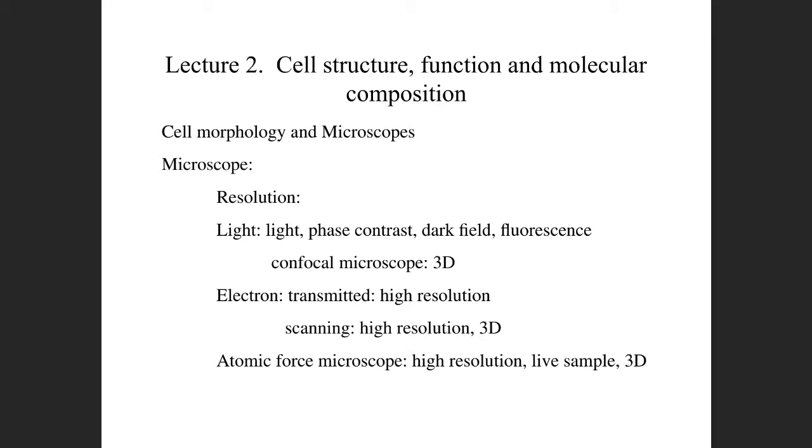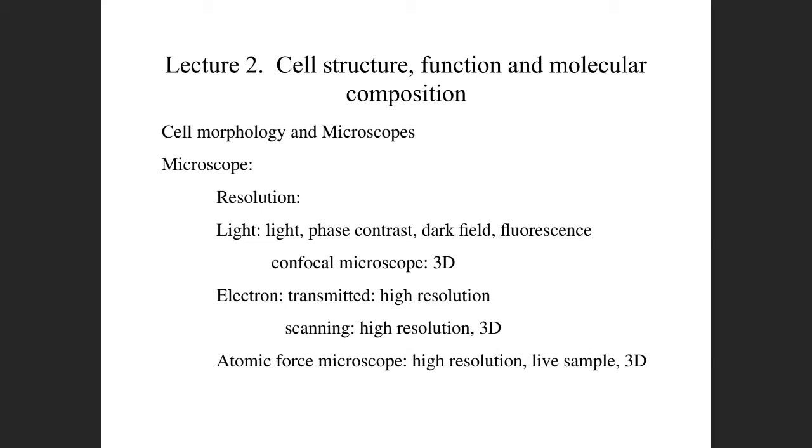And then the other is the electron microscope, and that is high resolution because resolution depends on the wavelength of the light. The electron beams that we generate have very little wavelength; it's just straight. And so that gives you the highest resolution.